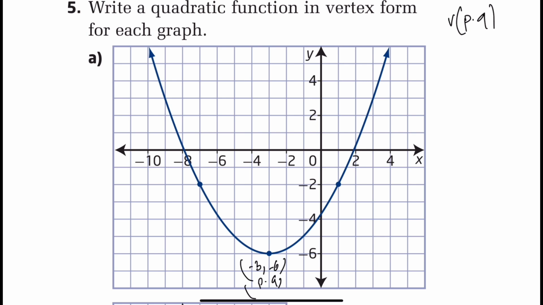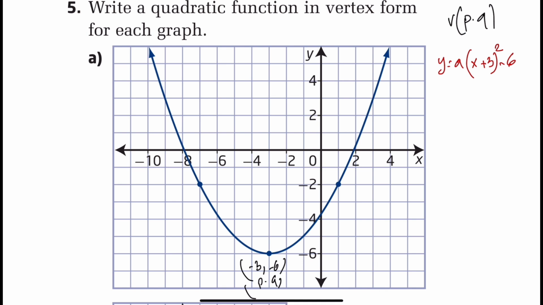And we start by there and write the equation: y is equal to a times (x minus minus 3, which is plus 3) squared minus 6. Okay, this is the first equation.